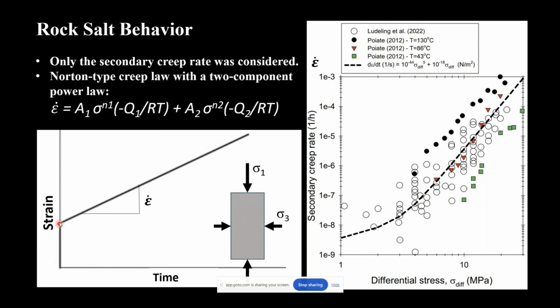We have an initial, immediate deformation, that is when we apply the axial stress. Usually, because the Young modulus, the elastic modulus of rock salt, is very high, this term is usually very small, negligible basically. And then we start to have the creep deformations that will be governed by this expression.